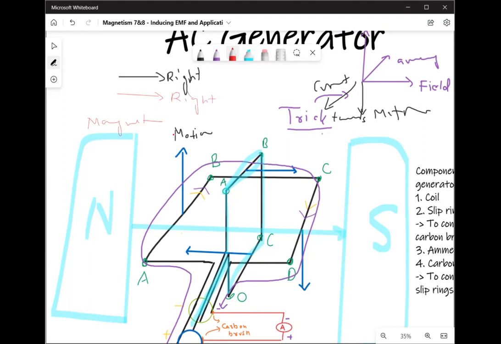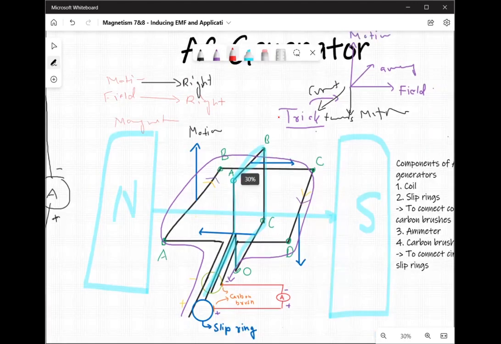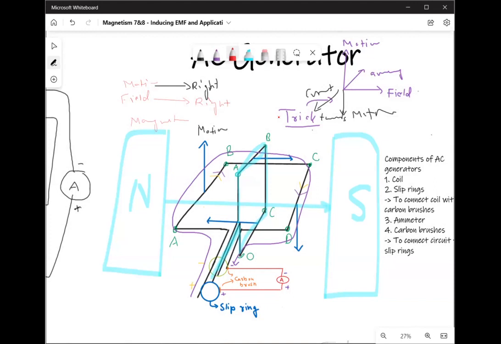Okay. Now the thing is, if field and the motion both are to the right, then we can't use the right hand rule, can we? Because the whole point of right hand rule is that they're 90 degrees to each other. In the right hand rule, is any finger in the same direction?